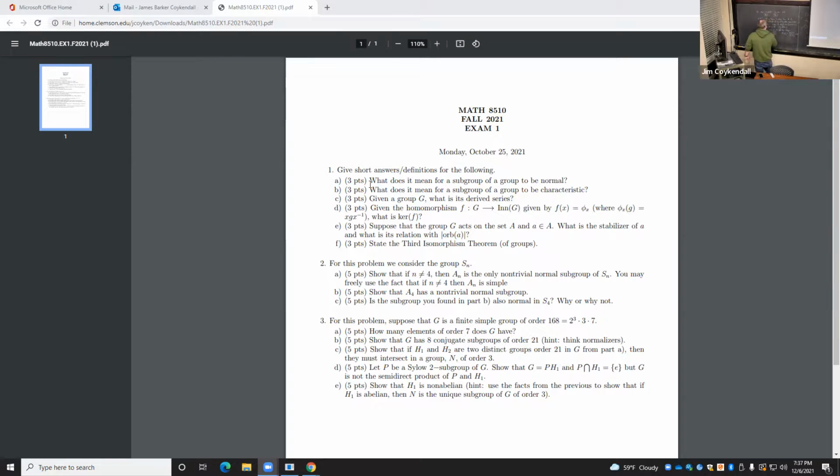So that means any two of them must intersect in a subgroup of order 3.